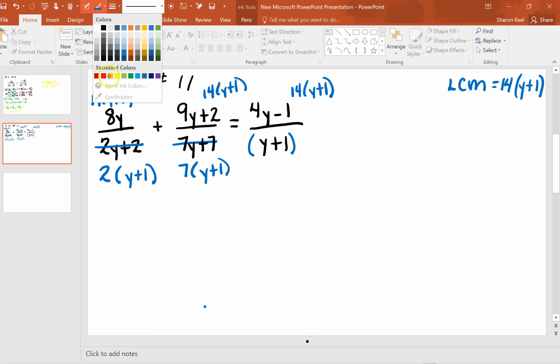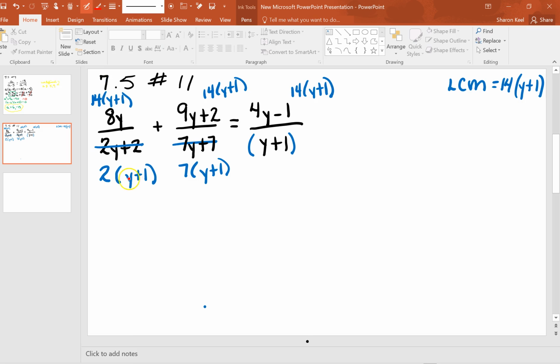So as we go about doing this, first we're going to cancel y plus 1 here and here. 2 goes into 14 7 times. So I'm going to write what I have left. I have left a 7 times 8y. That's all that's left at this point. Here, y plus 1 cancels, and my 7 goes into 14 twice.